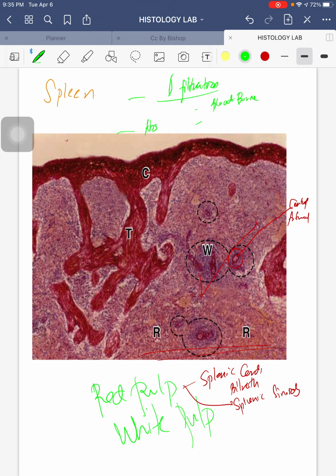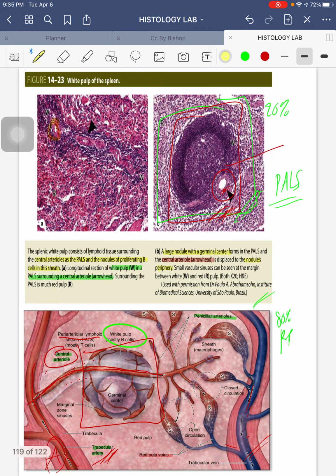Your white pulp consists of your lymphatic nodules and your periarteriolar lymphoid sheath with your central arteriole. It can't be seen, anyway, I hope you understand it through the audio.